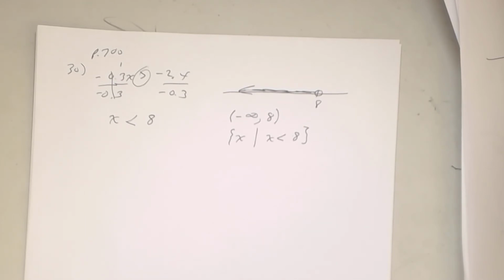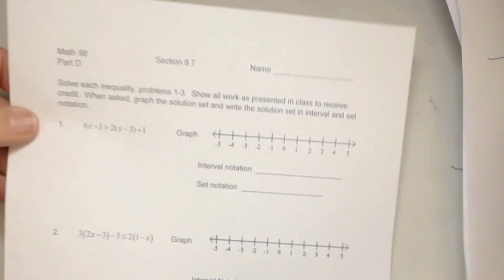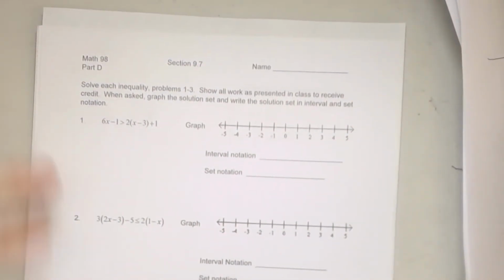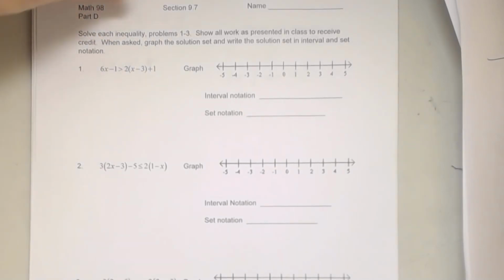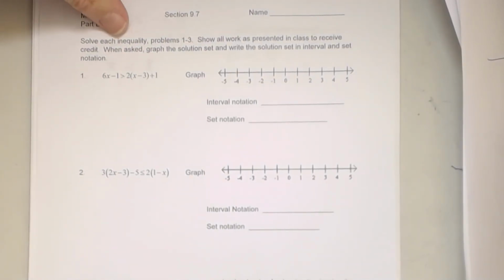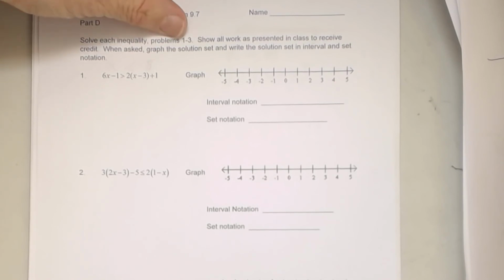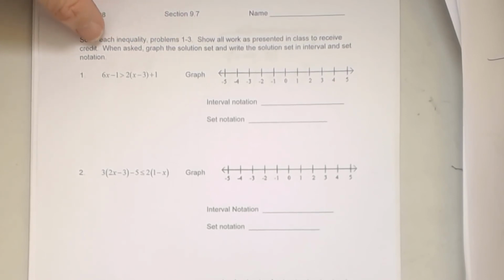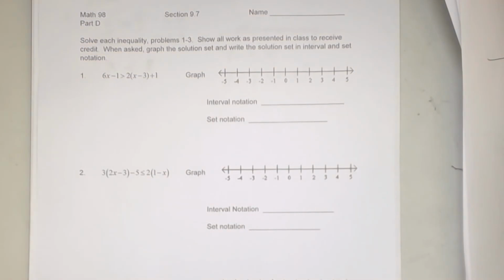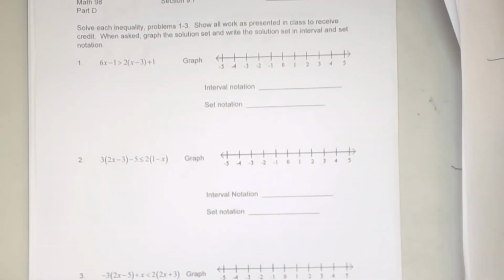Now this is 9.7D, so let me show you what 9.7D looks like. Based on what we did, there are 3 problems, 3 inequalities. The directions say show all work presented in class. When asked, graph the solution set and write the solution set in interval notation and set notation. So when you get it, make sure you put a blank right here.